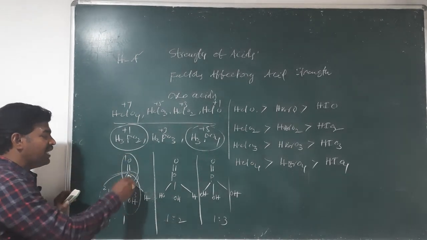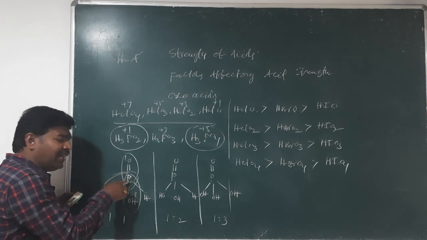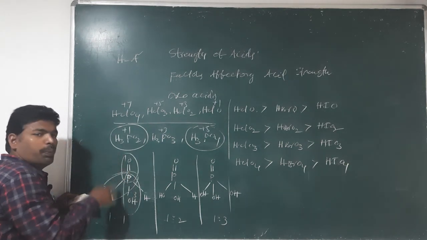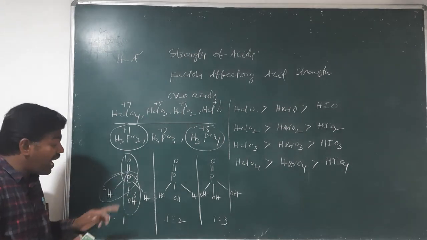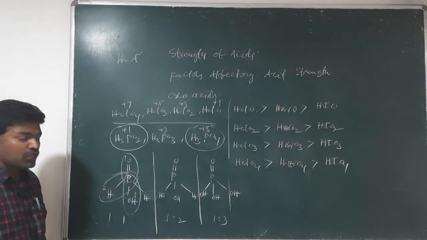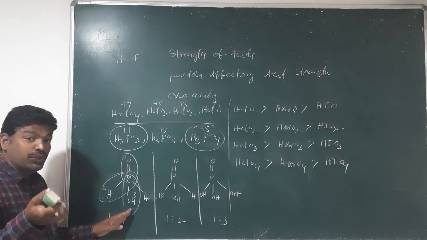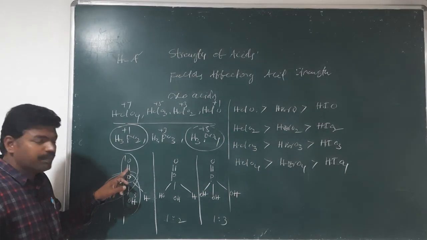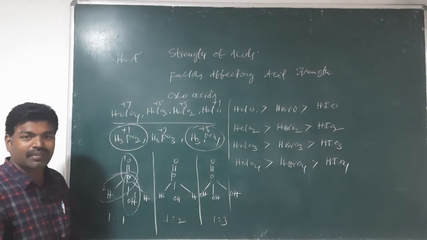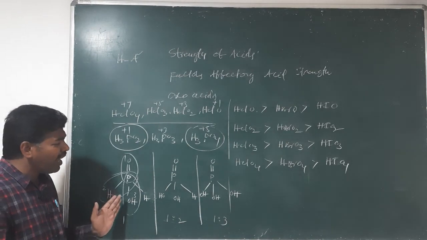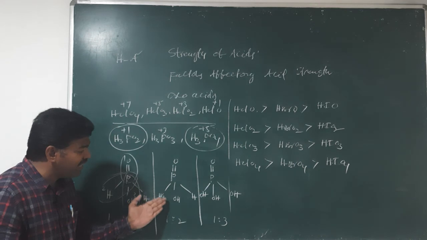So, the PO group induces polarity in the POH group. Owing to that induced polarity, H3PO2 can lose the proton easily. But what happens here is also we can find the OH group.